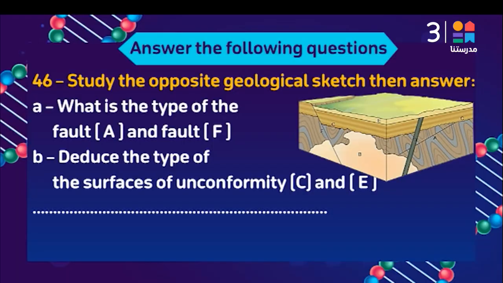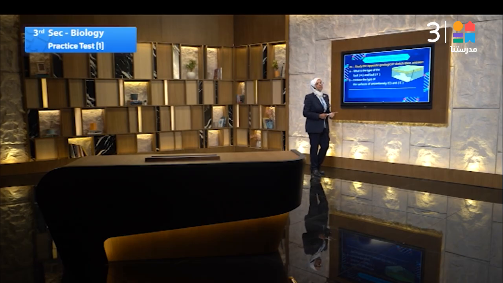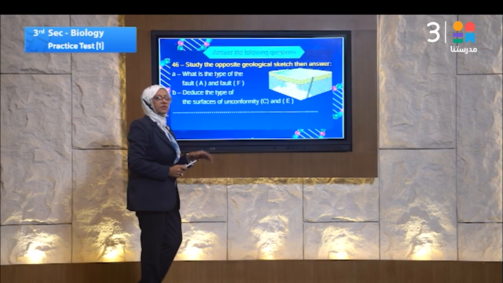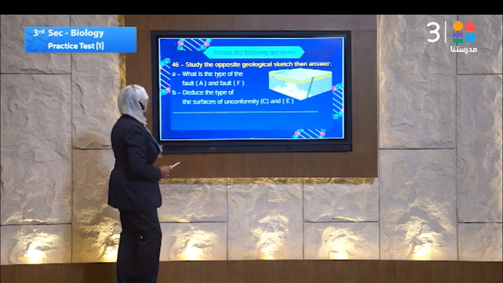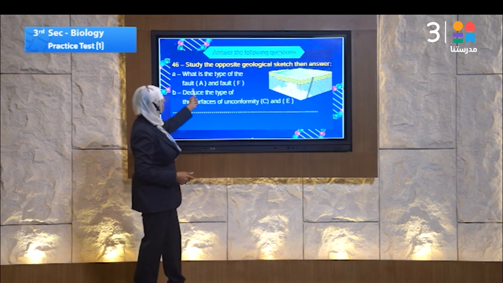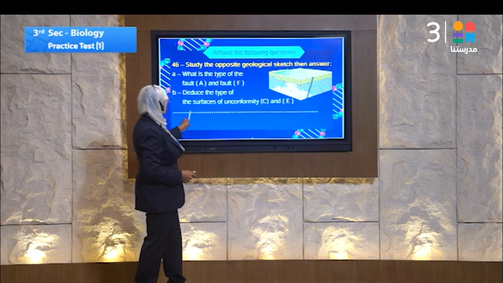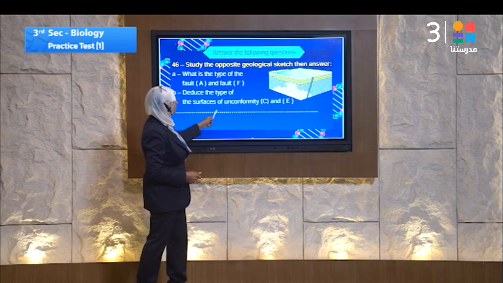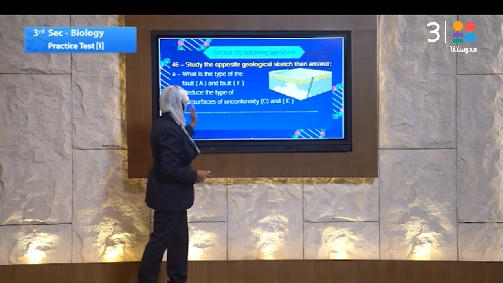Question about the study of the opposite geological sketch, then answer. Question number 46 is back to earth science, with an essay question. This essay question consists of 4 parts. The first part speaks about the type of the fault, and the other part consists of the unconformity surface.